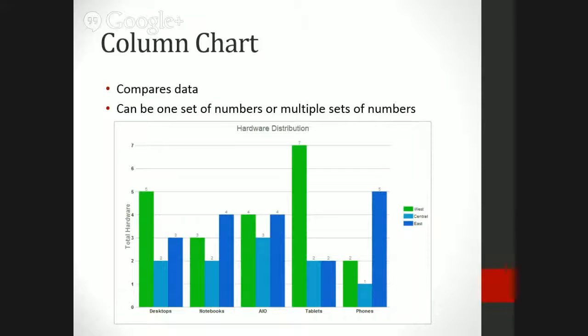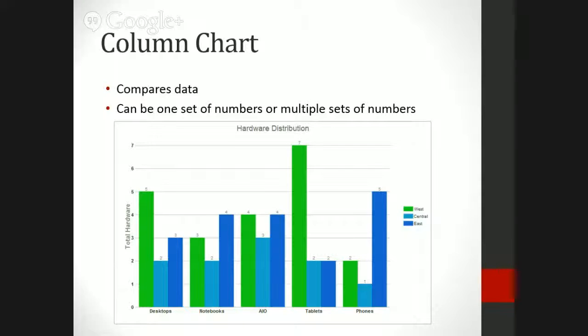Column charts, you know, this shows a distribution of different types of computers. We have desktops, notebooks, I don't know what AIO stands for, but tablets and phones, and where do people own the most tablets? The West Coast, West America, Central America, or the East Coast?